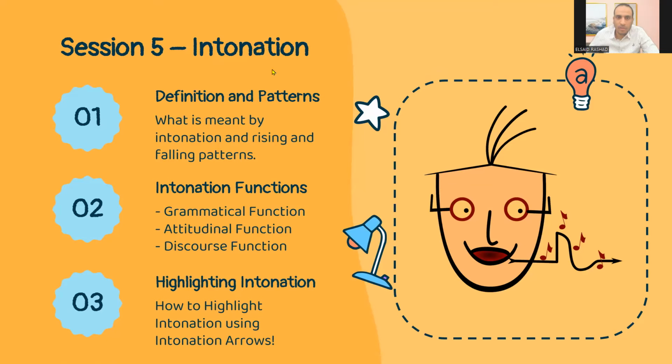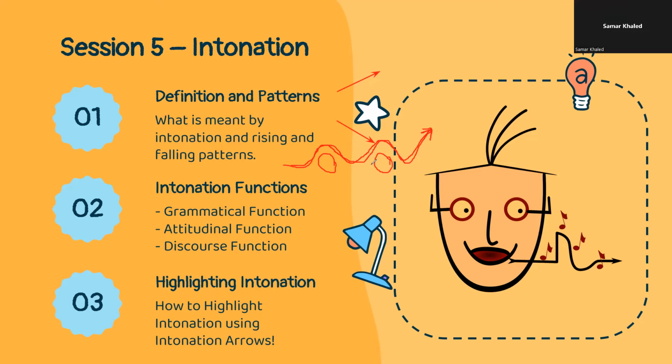We use arrows like this, up and down, whether rising or falling. Sometimes we draw them like this. At the end, it's up. So this word is stressed, this word is stressed. That's why the intonation is going up, then down, then up, down, then at the end, it's up. Like a wave.